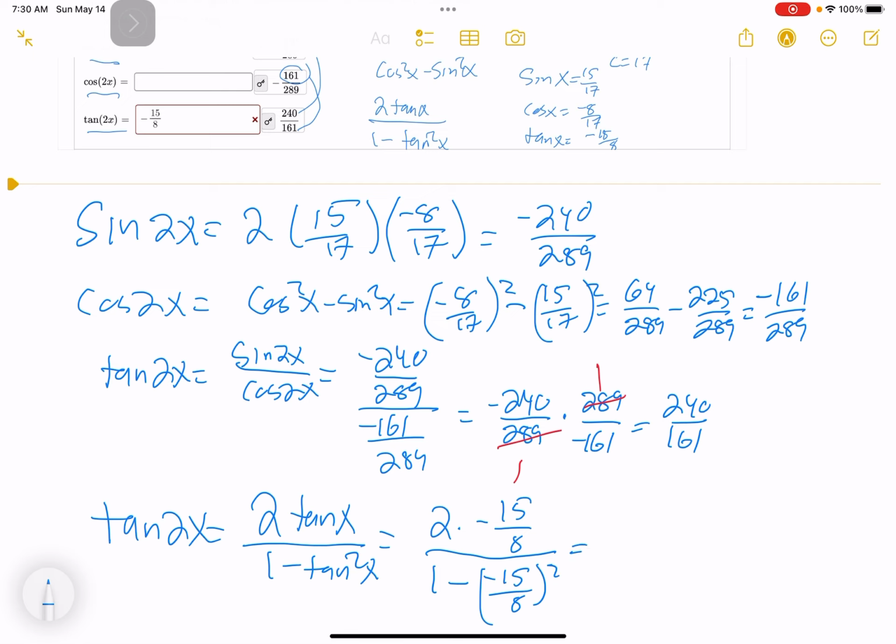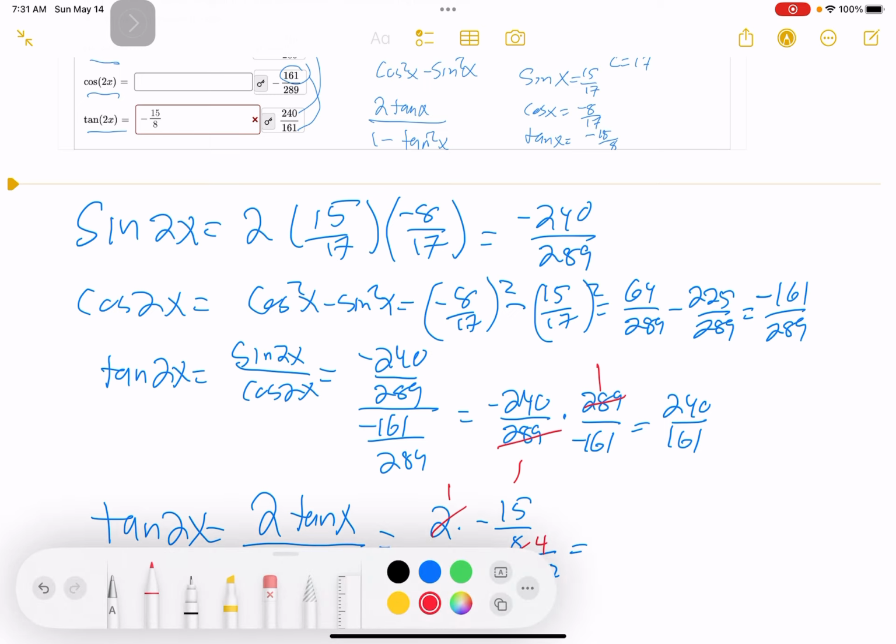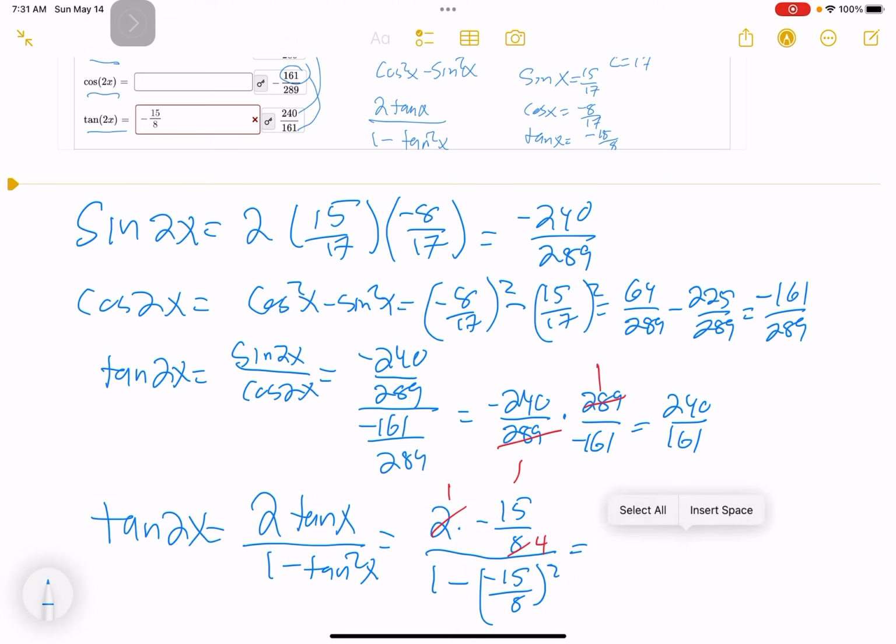So in the numerator, reducing the 2 and the 8 makes it a 1 and a 4. And then down below, well, let me finish up on top. That's negative 15 over 4. And down below, I'm going to have 1 minus 225 over 64.